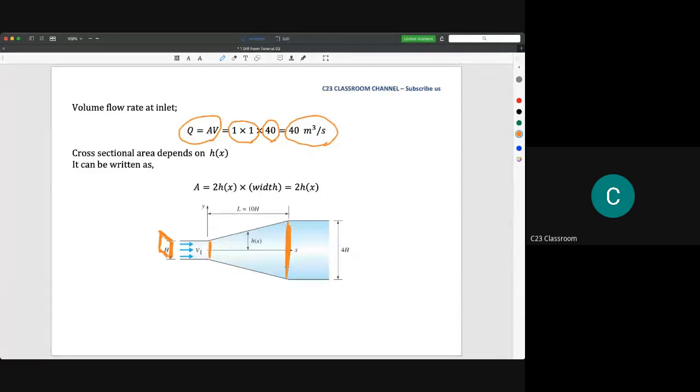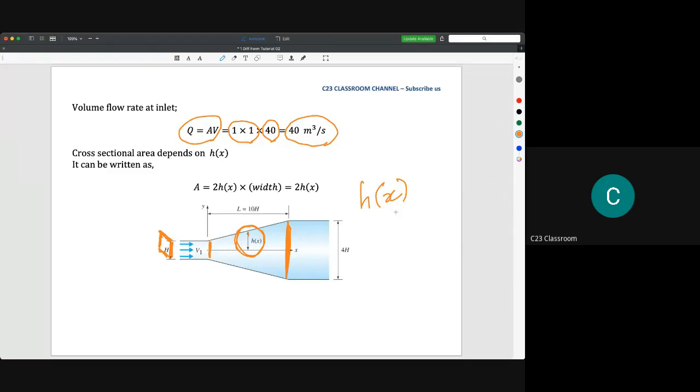So we need to calculate how that value changes, or we need to create an equation to reflect the cross-sectional area. We know that the value h(x) here means the value of h changes according to the x axis.